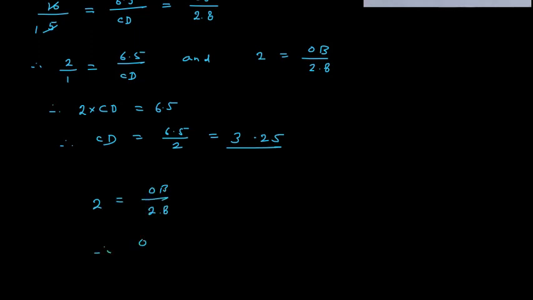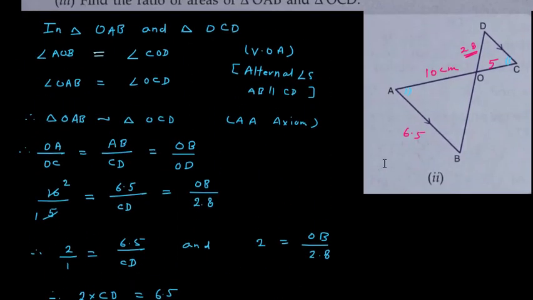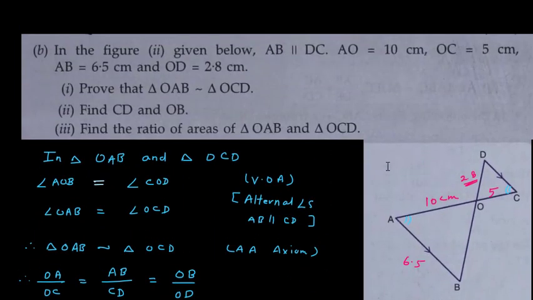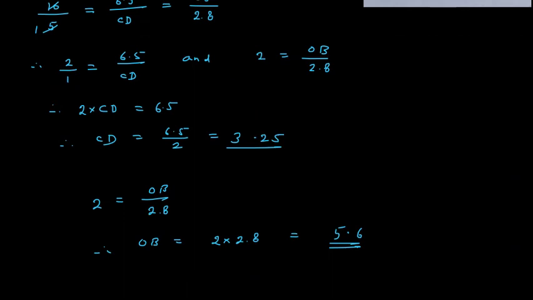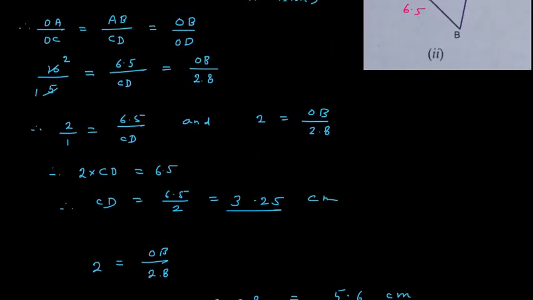So the value of OB is equal to 2 into 2.8, which is 5.6. So the value of OB is 5.6. All these are in centimeter, so CD is 3.25 centimeter and OB is 5.6 centimeter. So we get OB, we get CD.